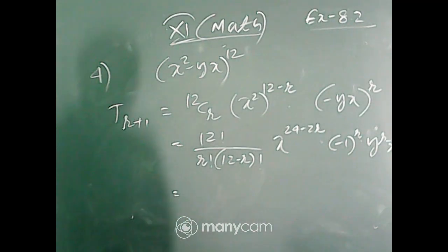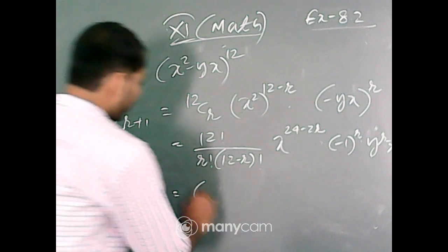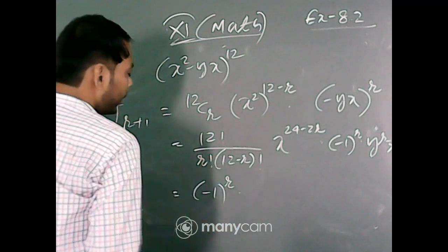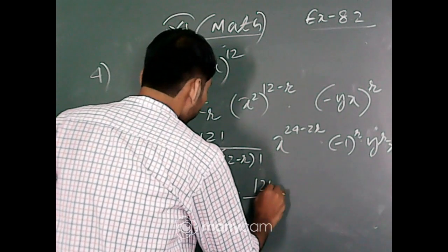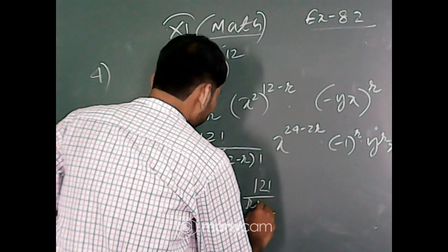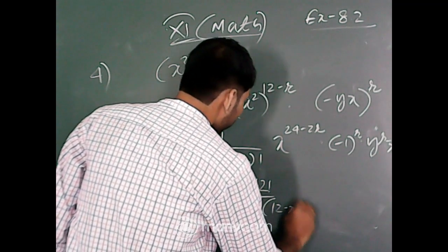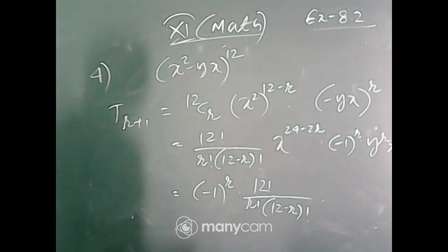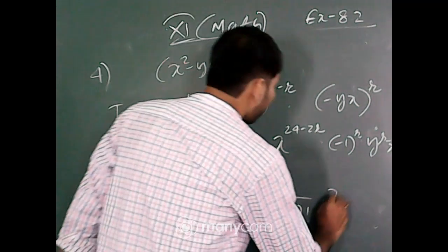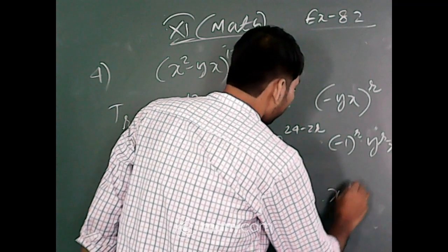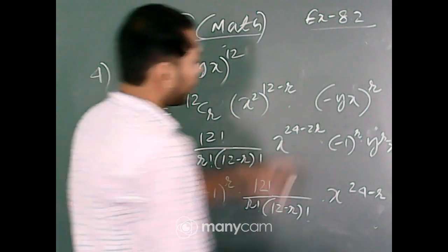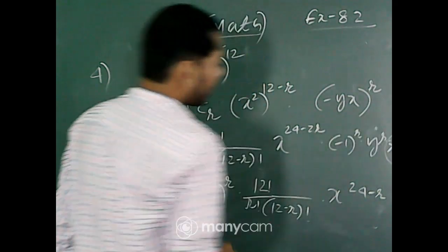So it will be ultimately minus 1 to the power r into 12 factorial by r factorial into 12 minus r factorial into, after simplifying for x, it will be x to the power 24 minus r, because here 24 minus 2r, and in the last term x to the power r.